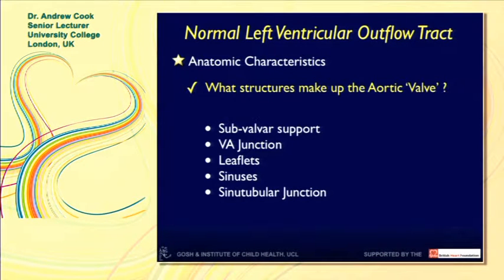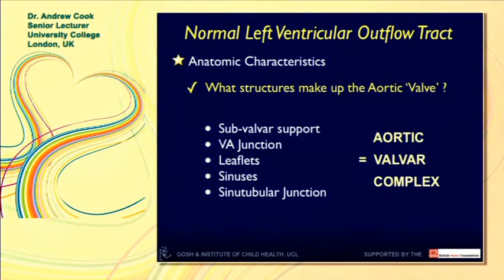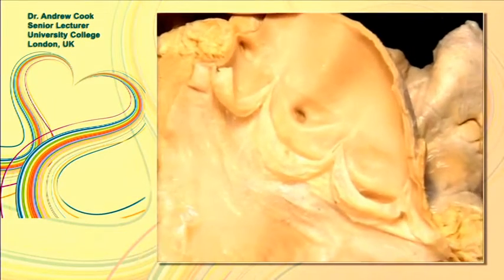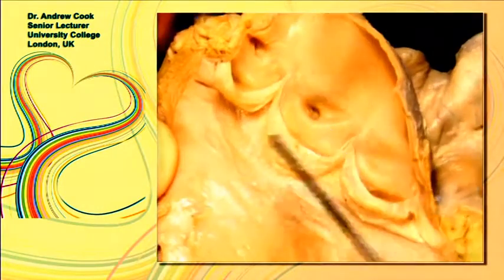And in order to get a normally functioning aortic valve, all of the component parts have to be formed and working correctly to get a normal aortic valve complex. Let's look in a little bit more detail at the support of the valve itself.